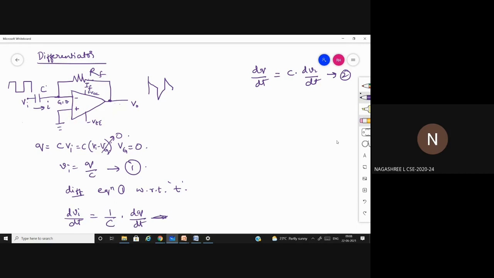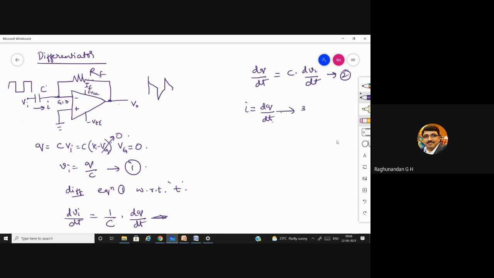Yes, dQ by dt is equal to I. The definition of current itself tells that current is the rate of change of charge, or the rate of flow of charge, with respect to time. So from the basic definition, I is equal to dQ by dt.